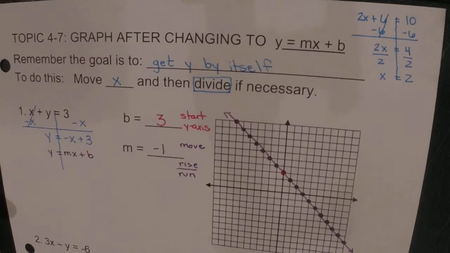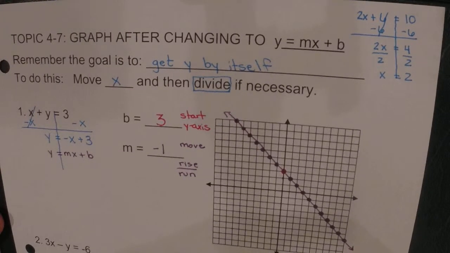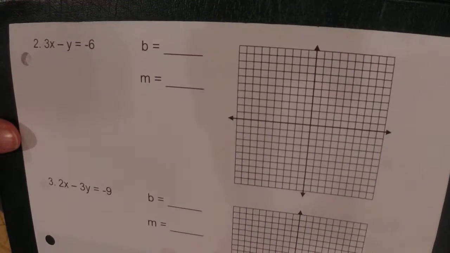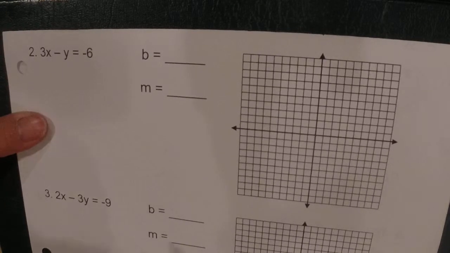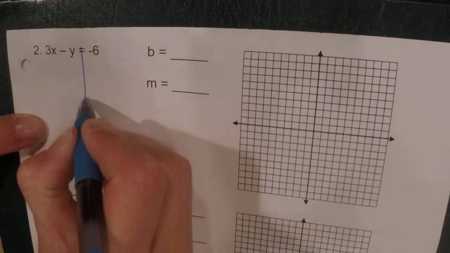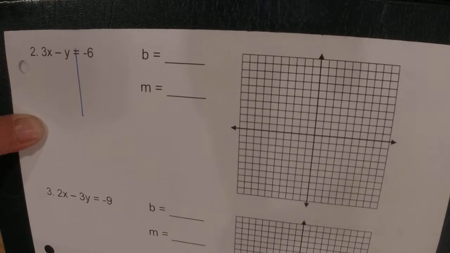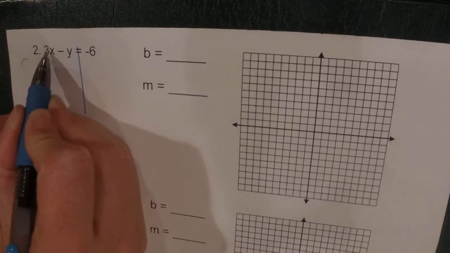So let's try the next one. The next one is 3x minus y equals negative 6. So just like we're solving, we're going to draw the line. Then I need to move x first.